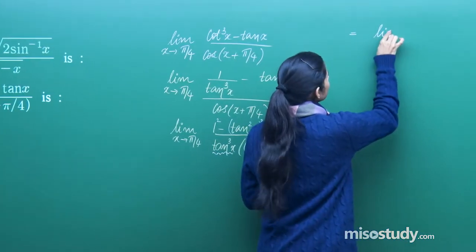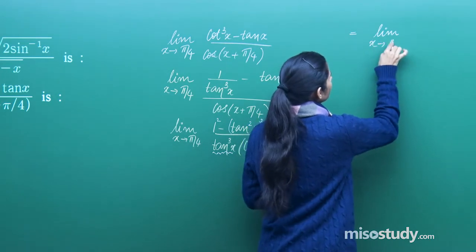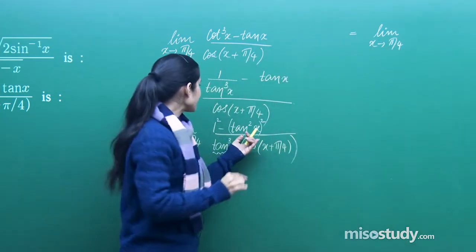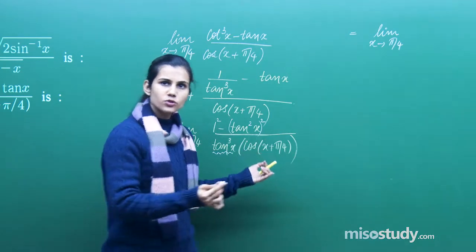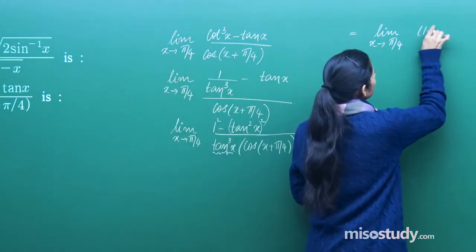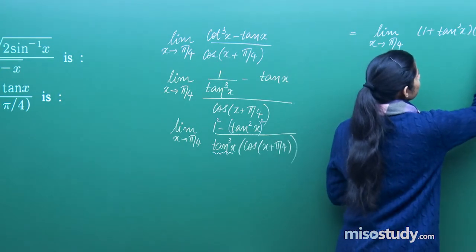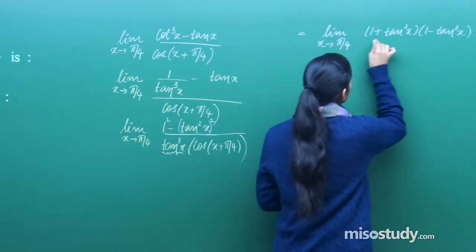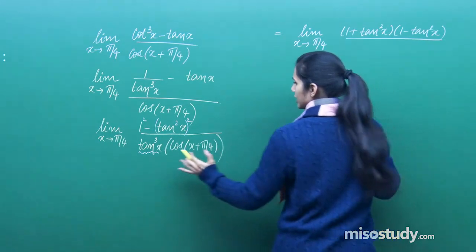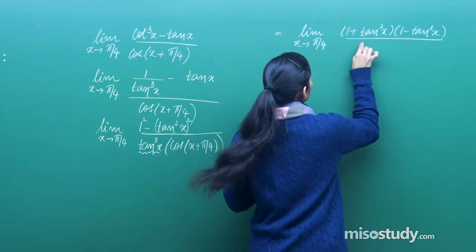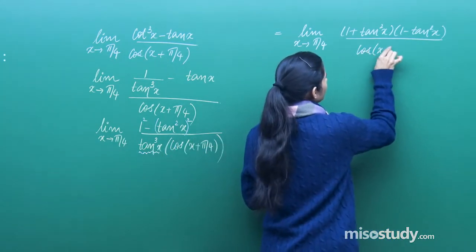So this is limit x tends to pi by 4. After writing this, I can see this is of the form a square minus b square, so (a plus b) into (a minus b): 1 plus tan square x into 1 minus tan square x, upon cos of x plus pi by 4.